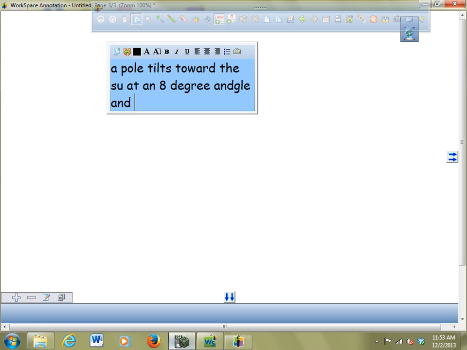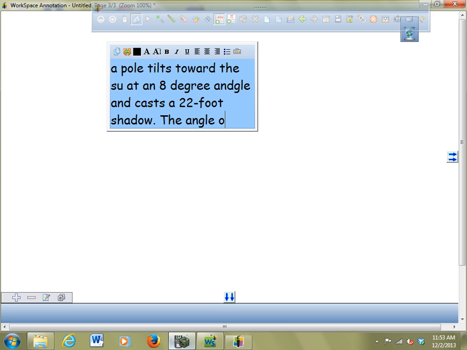Angle, and that's not very good typing, is it? I'll fix things. And casts a 22-foot shadow.